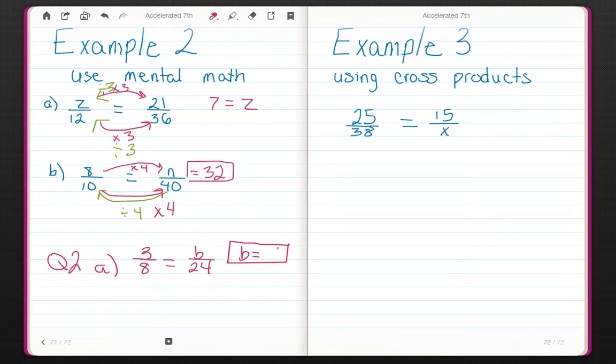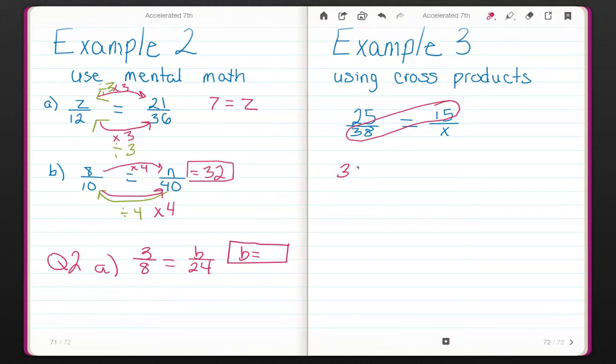All right, example 3, using cross products. I can also use cross products in order to find out what a variable is. So, for example, I'm going to take 38 times 15, and that's going to equal 25 times x, or 25x. 38 times 15 is 570. 570 equals 25x.